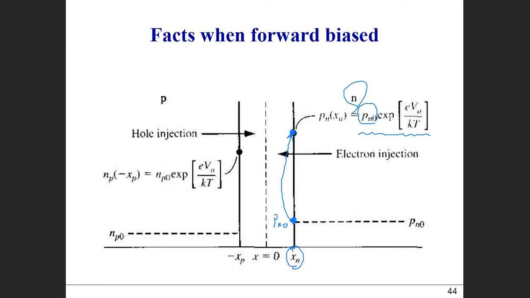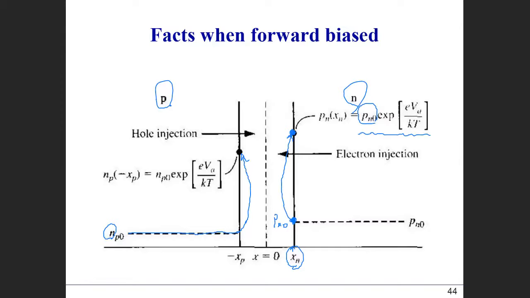Okay. Same way, if you look at the P side, based on the same approach, your minority carrier concentration is going to be electron initially, okay, and the electron concentration follows this line. Now, when you apply the bias VA in the PN junction, the concentration is going to be increased, okay?